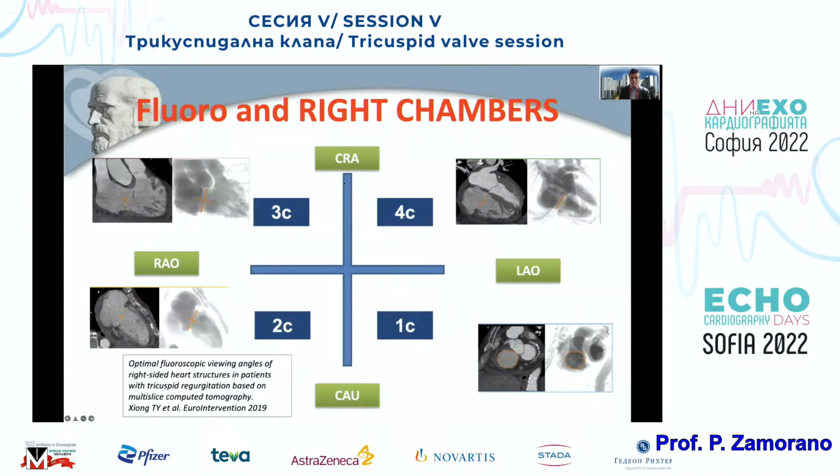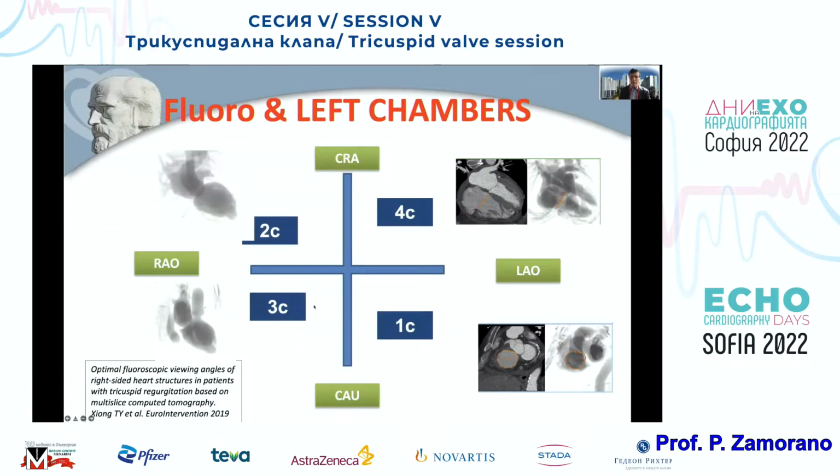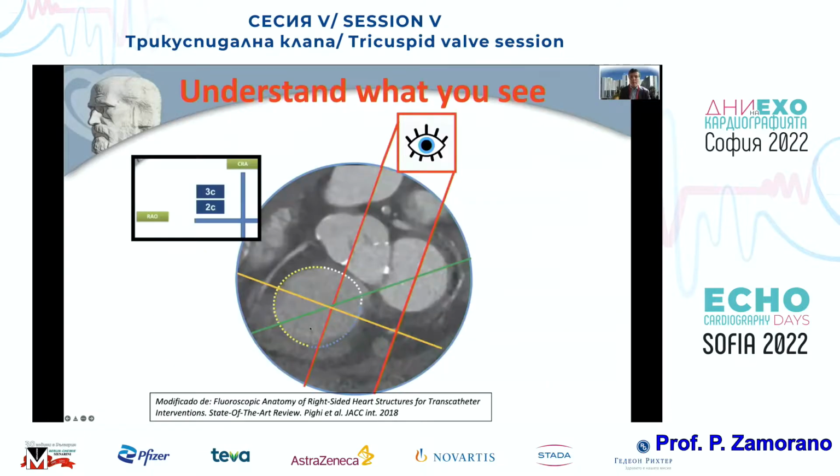And when in the invasive cath lab they talk about the view that is cranial to the right, this is a three-chamber view. And when you move caudal to the right, indeed this is a two-chamber view when you speak about the right chambers. And when you look at the left chambers, the cranialis to the right is a two-chamber view, and the caudalis to the right is a three-chamber view.